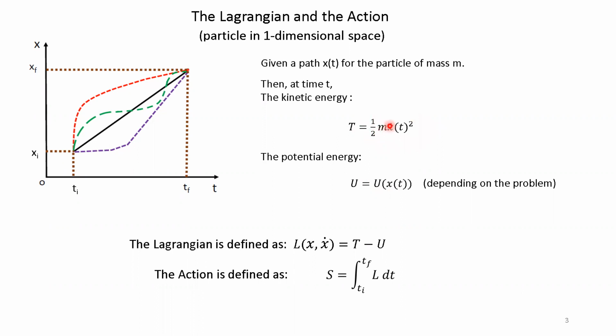If you try different x of t over here and plug it in, you find that the S for this curve would not be the same as the S of this curve, and not the same as the others as well. So again, imagine that you have infinitely many choices, as long as your path starts at this point at this time and ends at this point at this time. You have infinitely many choices.